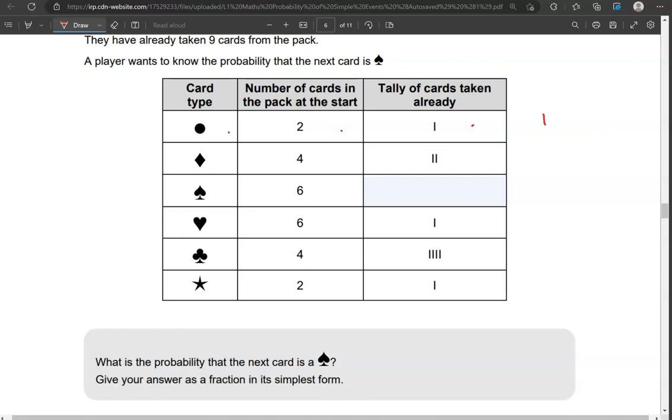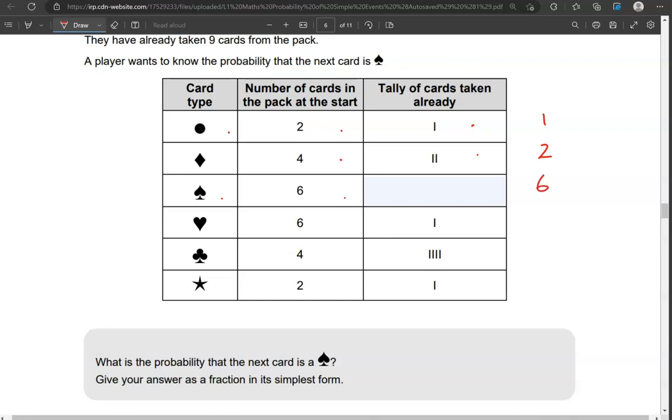And then we have diamond, 4 at the start, 2 already taken, so there are 2 left. And we have the spade, 6 at the start, none taken, so there are 6 left.